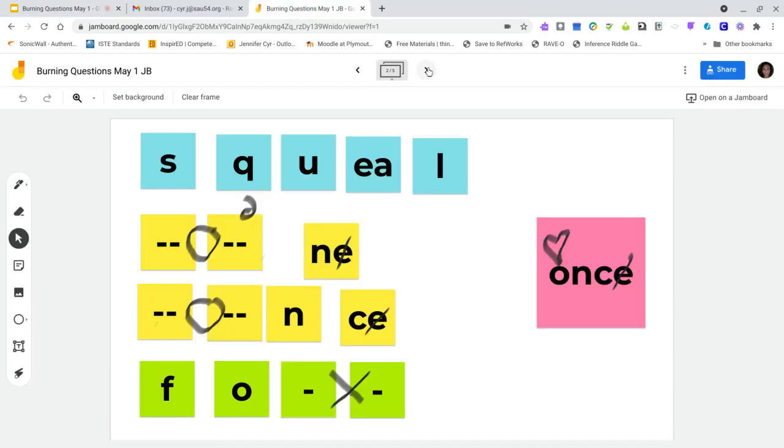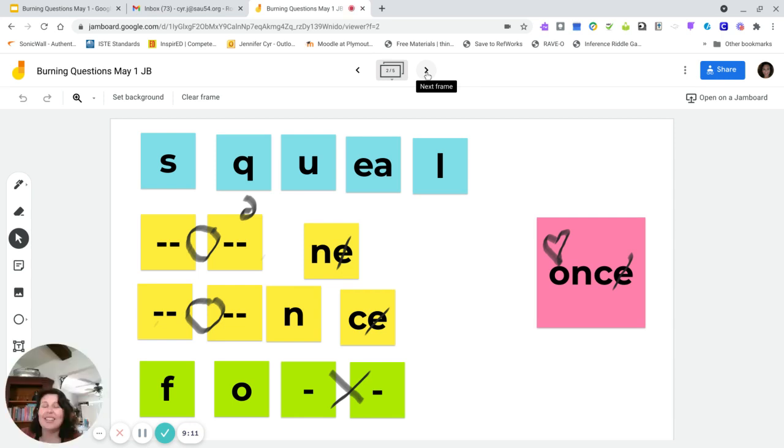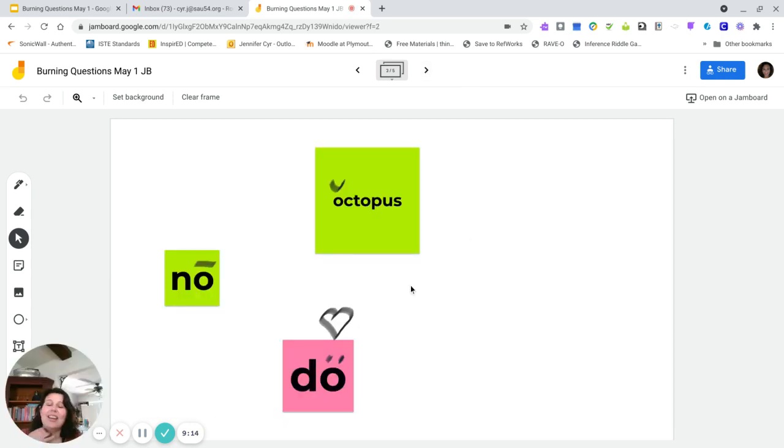So if I'm going to my 3rd Jamboard, okay, I just included those 3 words and showed you how I would treat them, all right? So no has that macron over it and represents open syllable O. Octopus has the breve over the first O, representing the short vowel in a closed syllable.